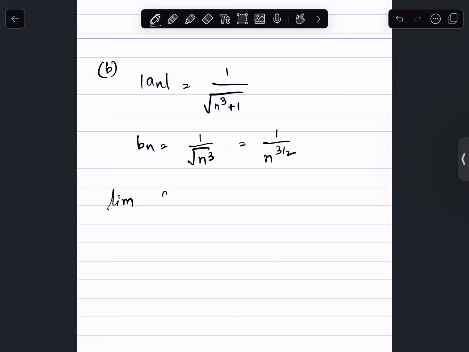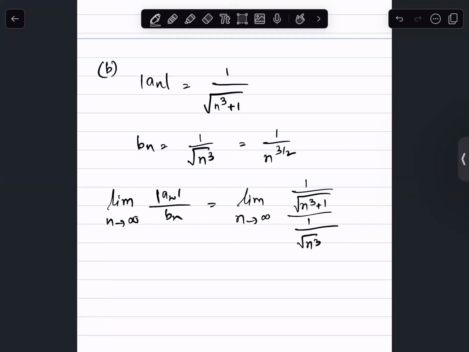And then the limit of modulus of an over bn. Basically I'm doing the same process as in problem A. Then this will be the limit as n tends to infinity of square root of n to the third over square root of n to the third plus 1.